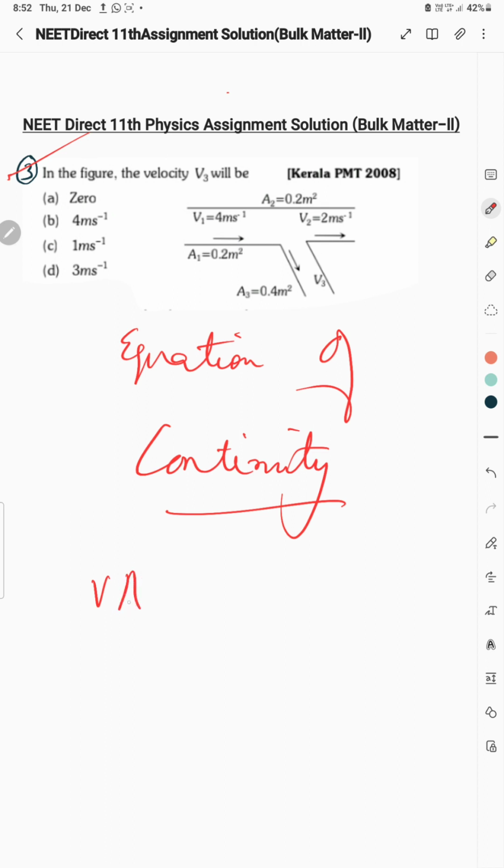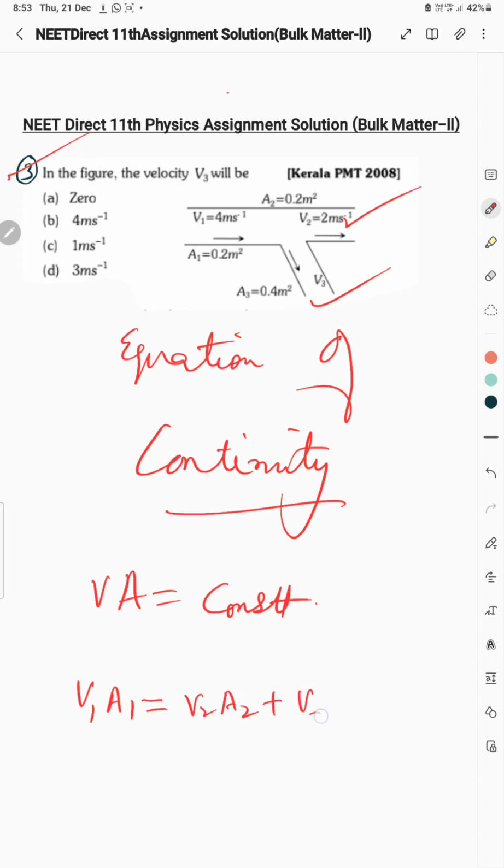That means V into A is constant, velocity into area of cross section. Let me write this equation of continuity for this part, also for this part, and also for this part. So I should write V1A1 is equal to V2A2 plus V3A3, because this is input, these two are outputs.